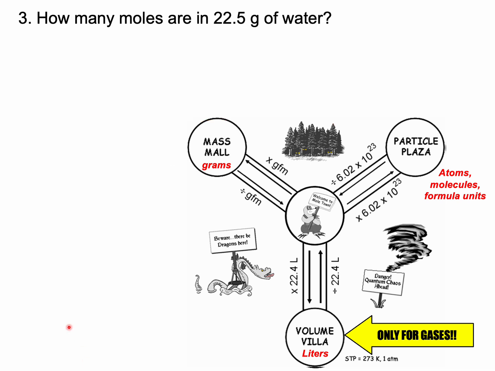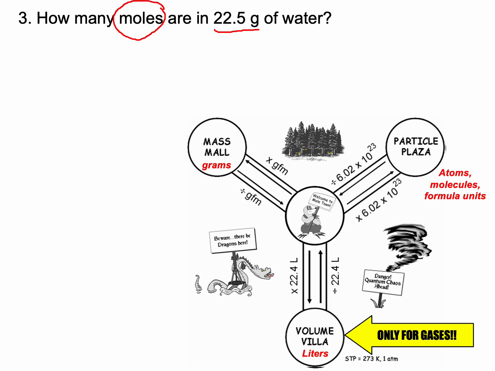All right, another question. How many moles are in 22.5 grams of water? So like I said, the first thing you want to do is ask yourself, where are you starting from? So that's going to be your number and your unit. So that's our starting point. And then you have to ask yourself where we're trying to get to. So we're trying to get to moles.